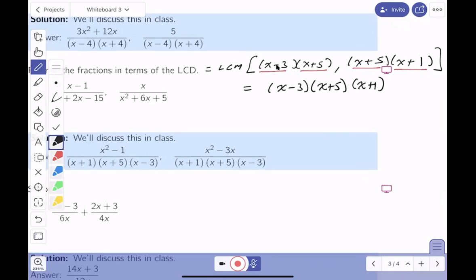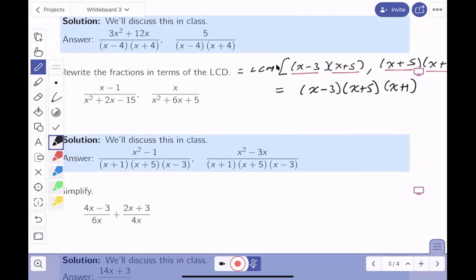Now what do I have to do? Well, I've got to take the problem and rewrite it. And let's put that down for you. X minus 1. This factors to x minus 3, we just did it before, over x plus 5. Now what's the missing factor? Well, looking at it, there's an x minus 3 and x plus 5. It's missing x plus 1.